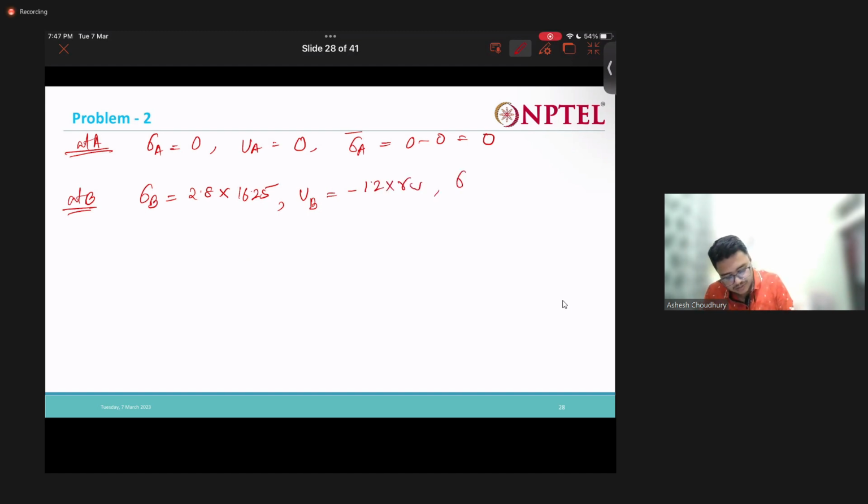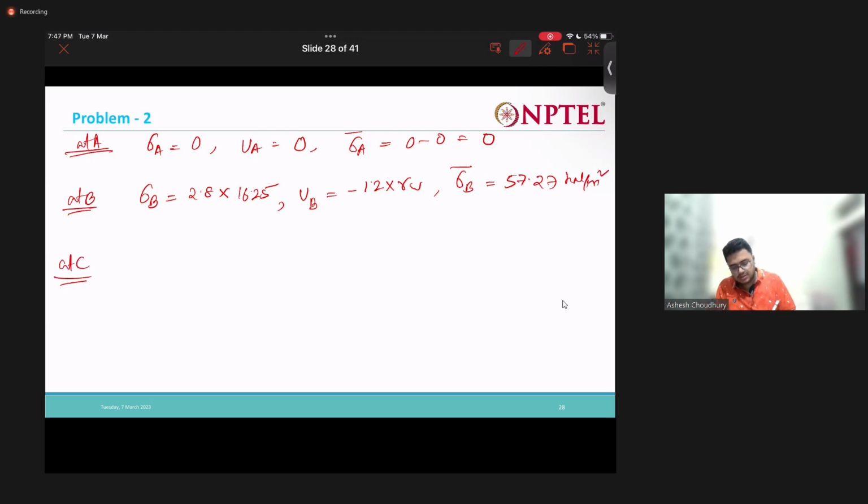So what will be my effective stress? It is 57.27 kN per meter square.